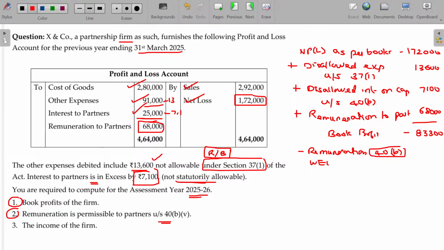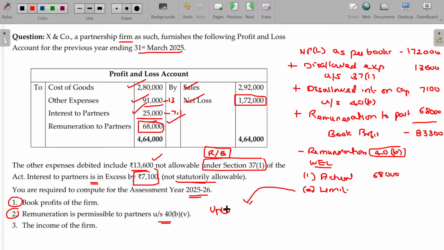Whichever is lower of number 1, the actual being 68,000, and number 2, the limit. What's the limit?